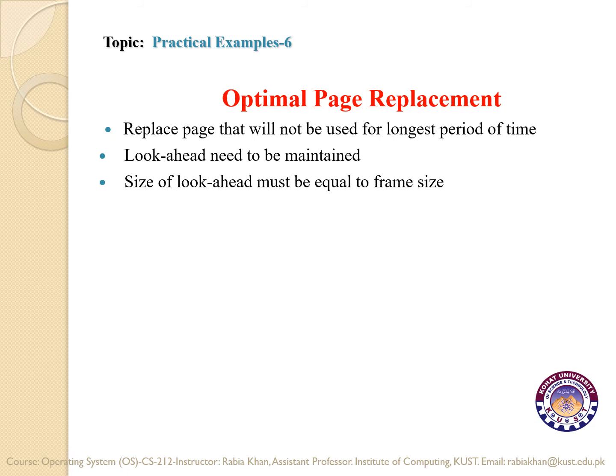What it says: replace a page that will not be used for the longest period of time in the future. So here we are going to look at the future of a page. If a page is not going to be required again in the future, that page is going to be swapped out.